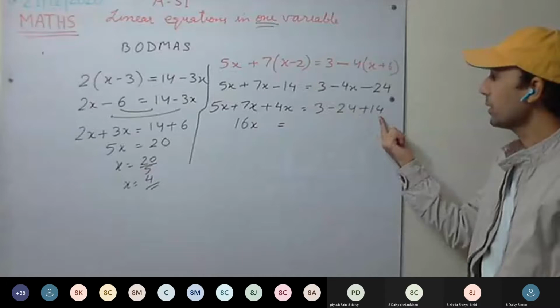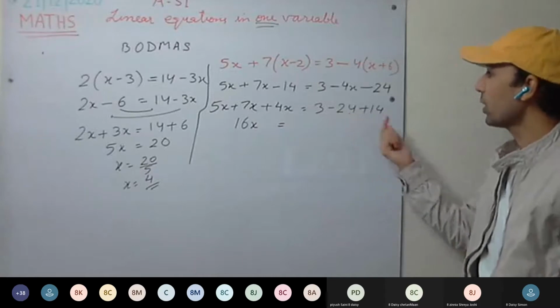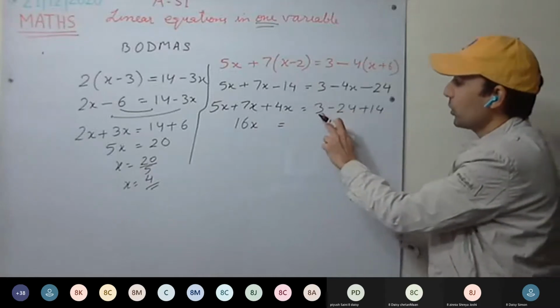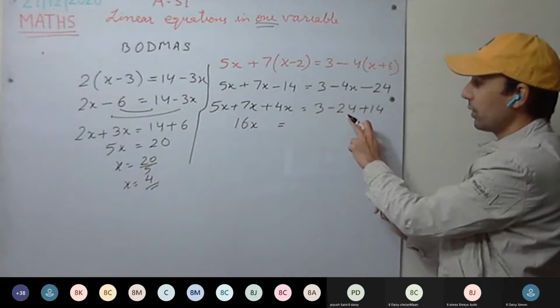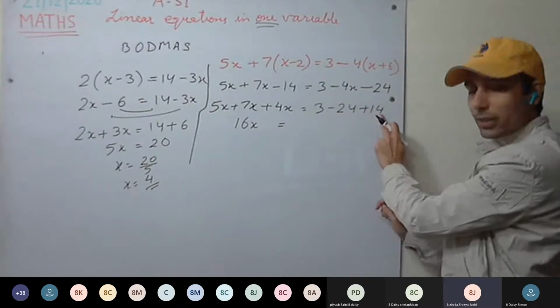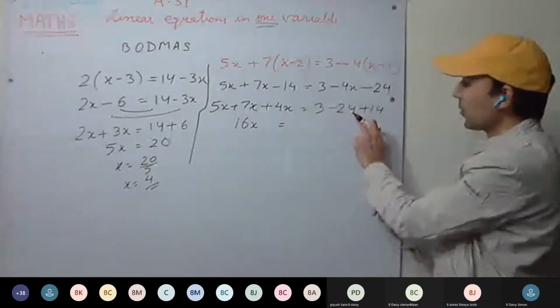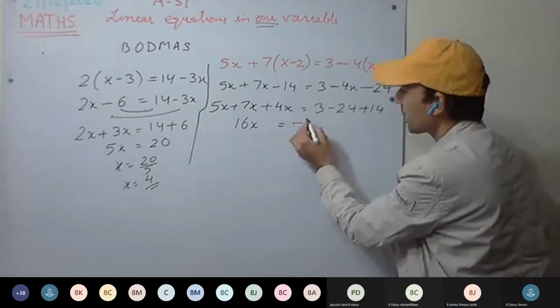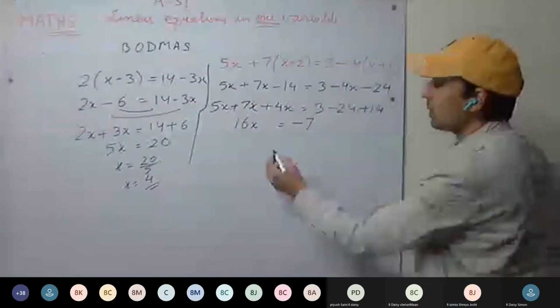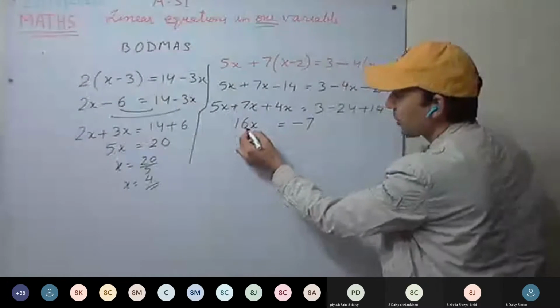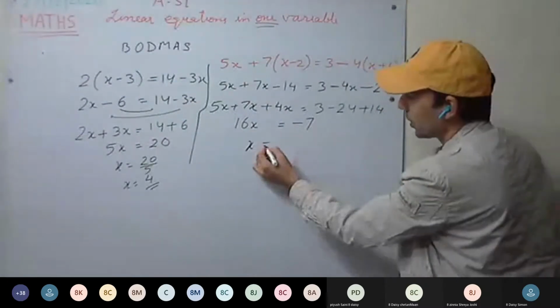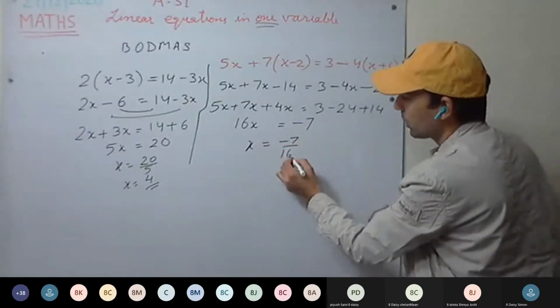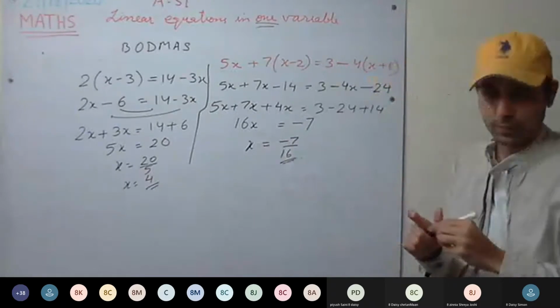Here how much will it be? Minus 24 plus 3 is minus 21, minus 21 plus 14 is minus 7. Now x we can move from the left hand side to the right hand side: minus 7 upon 16.